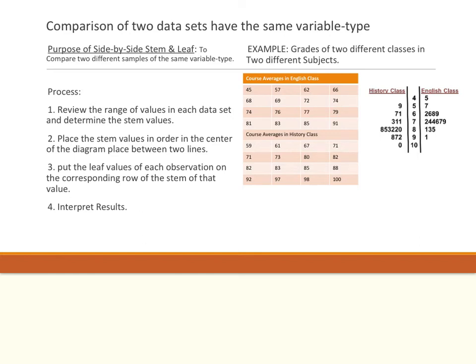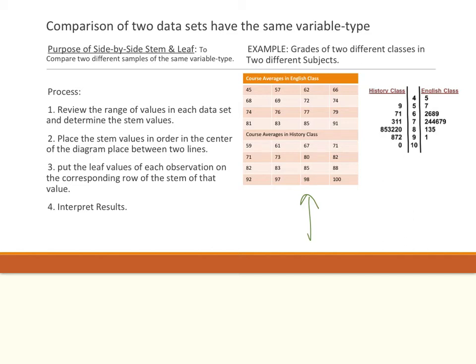So when we want to compare two data sets, we typically use a side-by-side stem and leaf plot. In the example that we're going to show you, there are two sets of grades, one in an English class and one in a history class. The process is basically the same. We will review the data sets to determine the stem values in each of the classes.